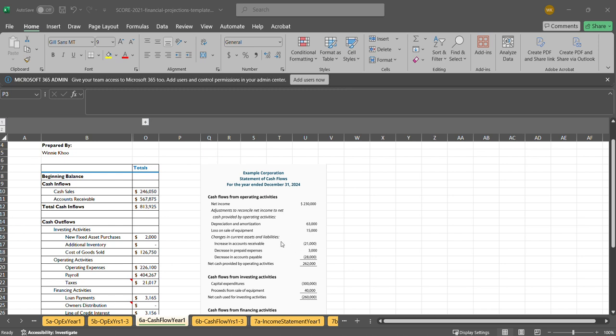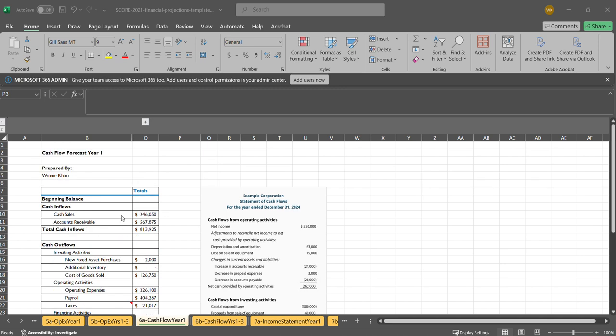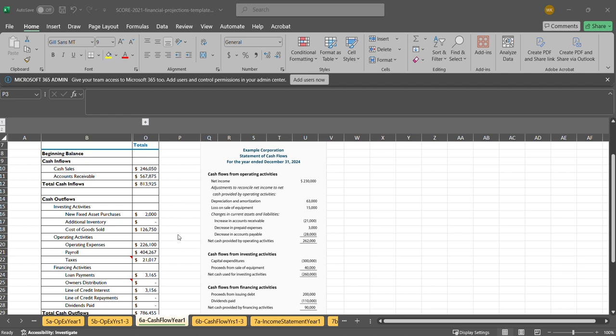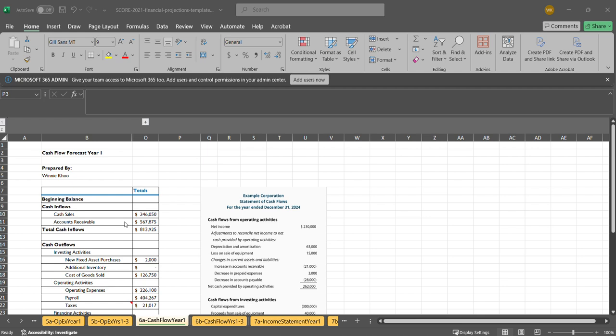Now the cash flow in this template is modified into a simpler layout. It separates out the inflows and outflows into two distinct sections. And this is honestly an easier, more intuitive way to visualize the cash flow for the business.